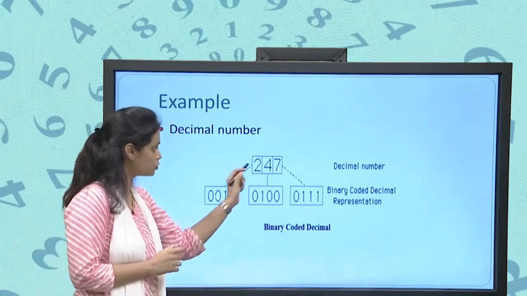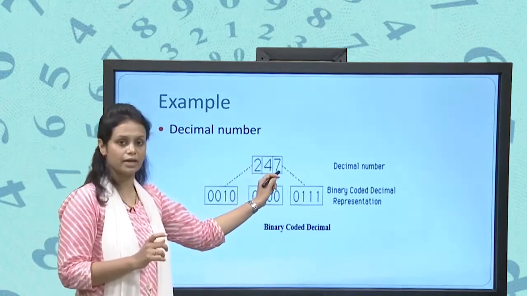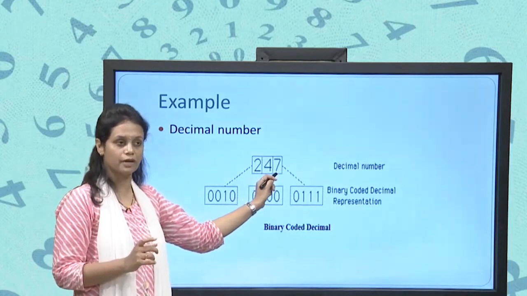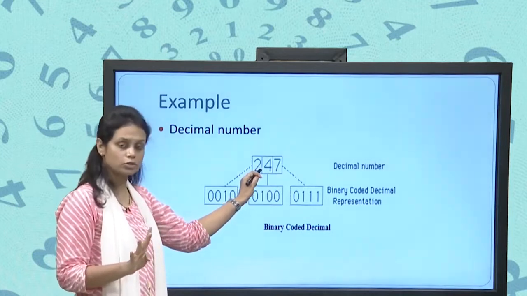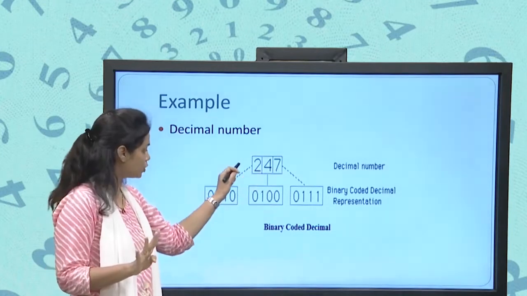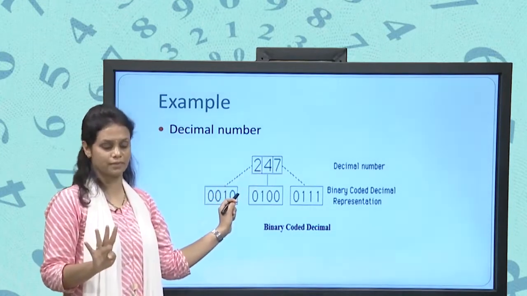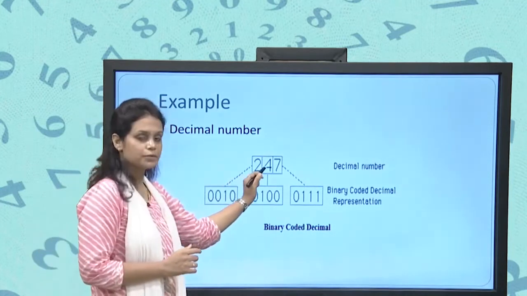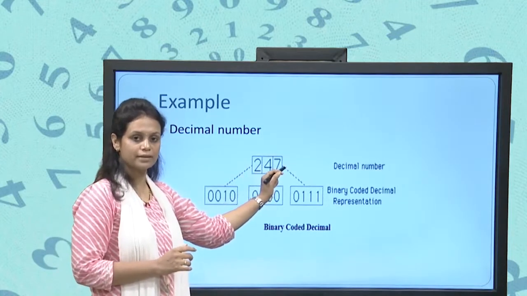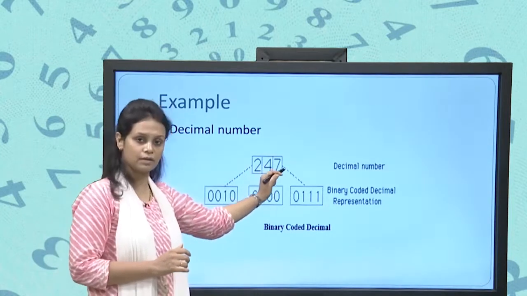Fine. That means suppose we want to display 7 in the binary coded decimal, we require 4 bits for 7 only. Okay. For 4 also we require 4 bits, for 2 also we require 4 bits. I am repeating, suppose this number 247 is the decimal number. What do we mean by the decimal number? This is the 10 base number.